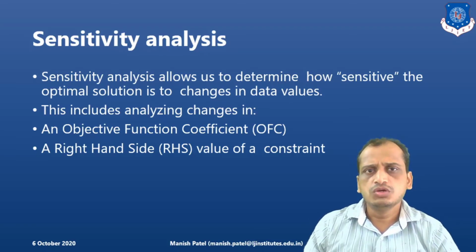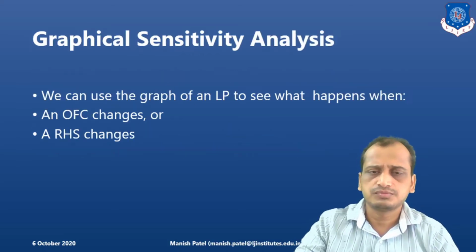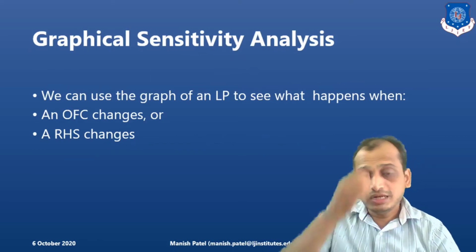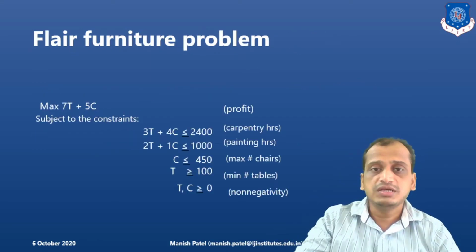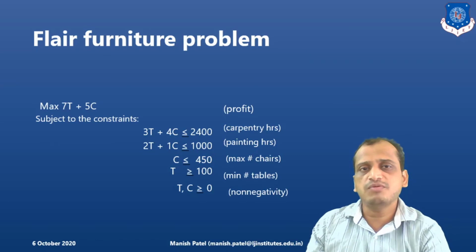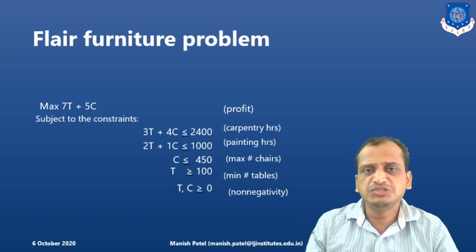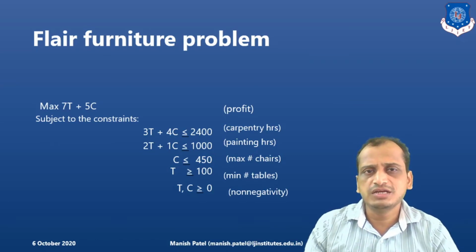So if you increase or decrease these two constraints, what will happen? We are going to discuss graphically what happens in these two cases. So first, with the help of an example, let's find out what happens in the case of an objective function change, or a right-hand side change.